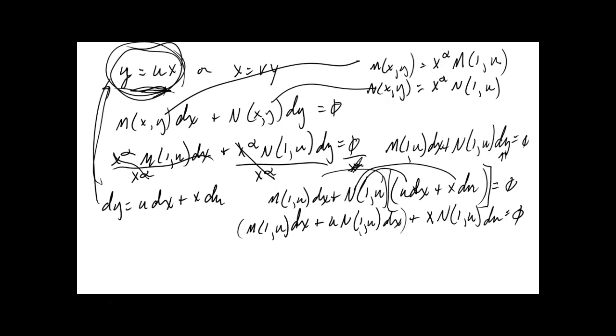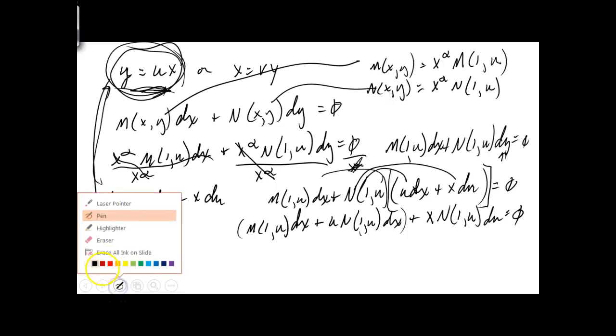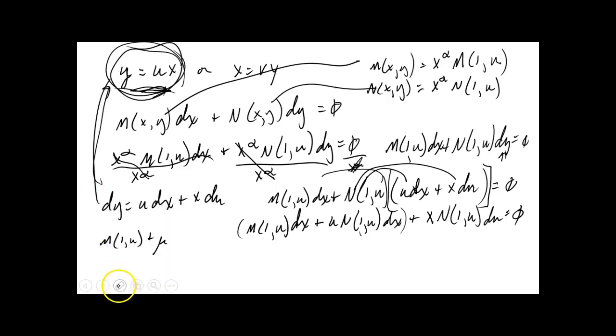Now, I kind of like to take it to the other side. The book left it together. It's kind of up to you how you want to do it, but note this. You have an m of 1, u plus, I keep wanting to write mu because that's what we've been using, but it's not a mu, it's a u, okay? So if I sneak one in and miss it, take it out. u n of 1, u, this is all multiplied by dx, plus x.